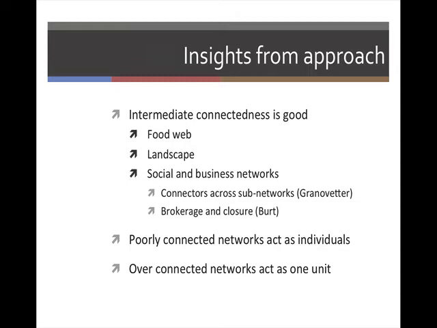And this is very similar to what people have described in sociology and business. Granovetter described how connectors, that is certain people that move between networks, really increase the value of the overall system by moving ideas or moving resistance to disease across these networks.